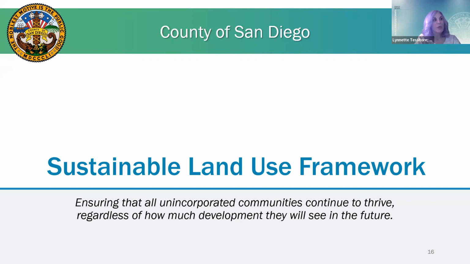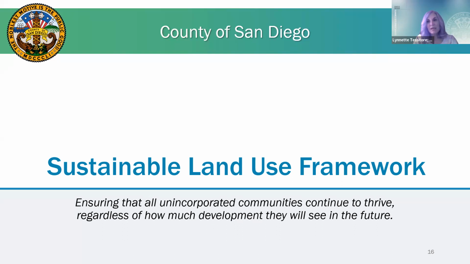And so we are looking at, as previously mentioned by Damon, as part of the board's action on VMT, taking initial steps on developing an approach for a sustainable land use framework to ensure that all of our communities in the unincorporated area can be resilient, enhance quality of life, and support economic growth.